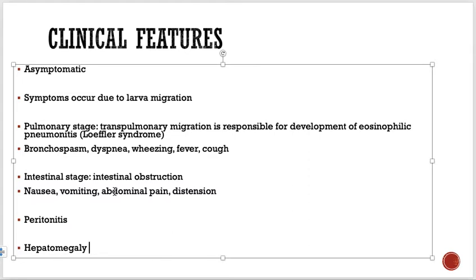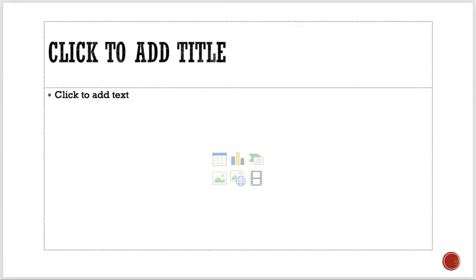That's why it's important to treat the children who have this infection so that they can grow normally. Many of the children who have infection with this parasite also have co-infection with other types of parasites as well.